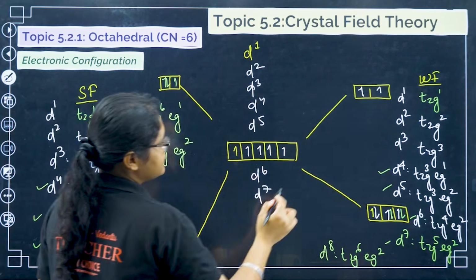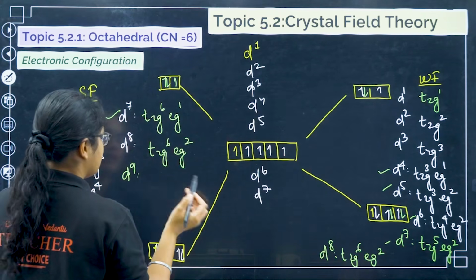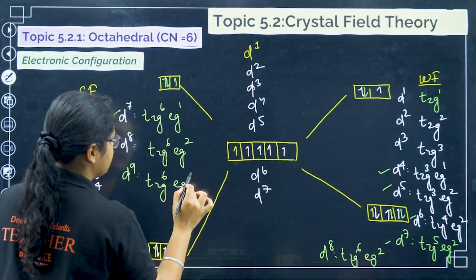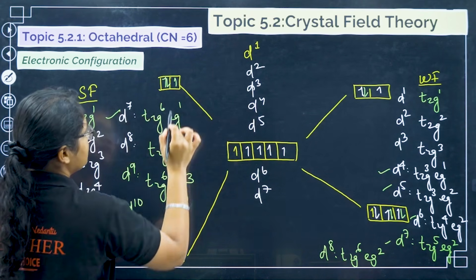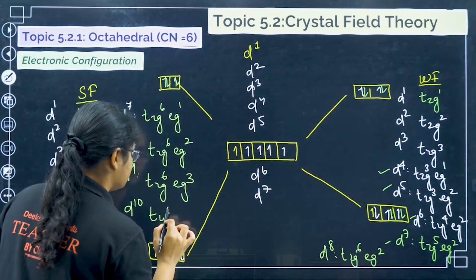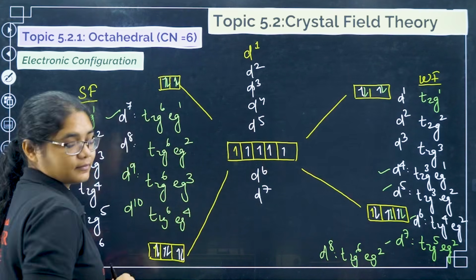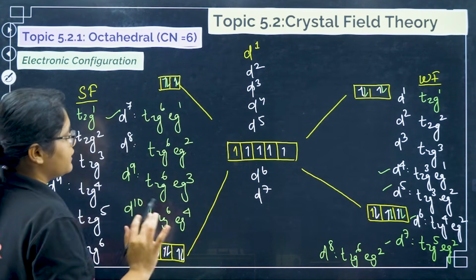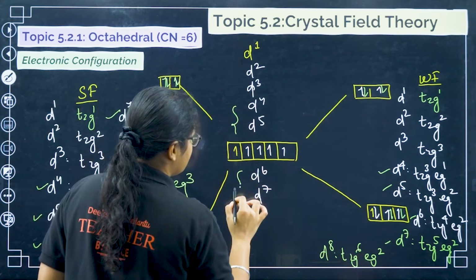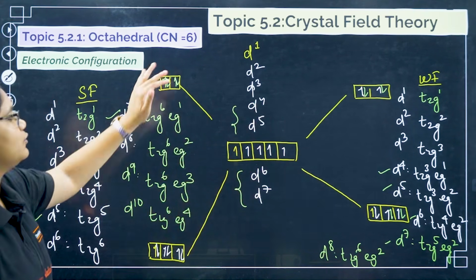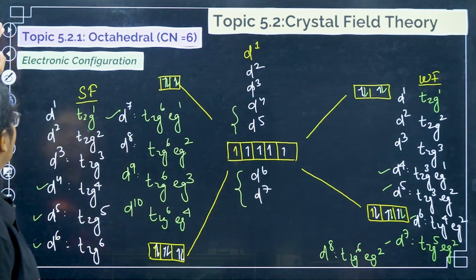It will be here like this and here also like this. So d9 will be the same for both, that is t2g6 eg3, and for d10 one more electron will come here and here, that is again t2g6 eg4. Right. So the d electron configuration will only vary for d4, d5, d6 and d7. d8, 9, 10 are the same, 1, 2, 3 are the same. Okay, please note this down.